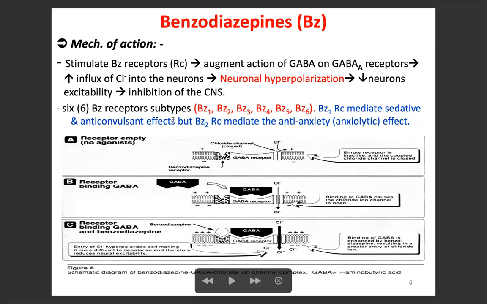So for the sedative and anticonvulsant, anti-epileptic effect, the drug should act on the benzodiazepine 1 receptor. And for the anxiolytic effect, anxiolytic means anti-anxiety effect, the drug should act on the benzodiazepine 2 receptor.